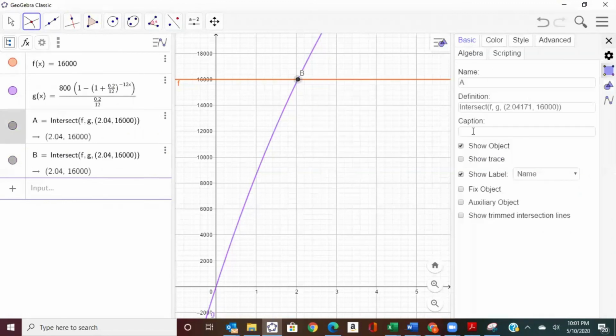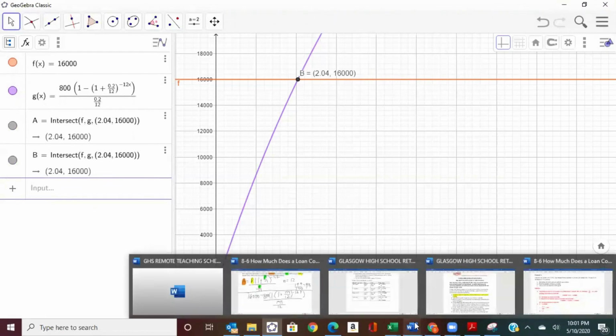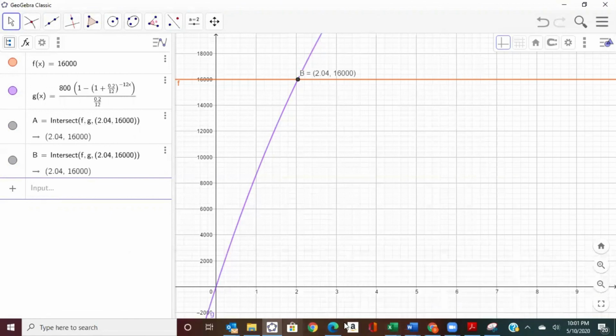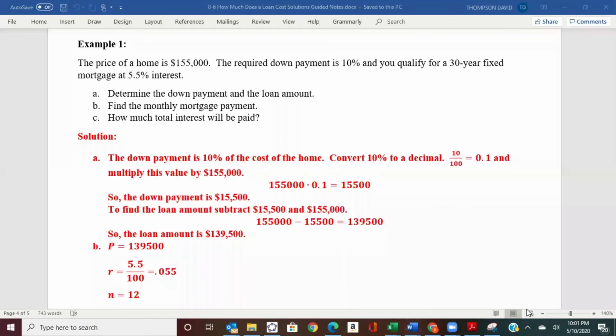So if you go to settings for point A, it takes you to the screen, and then we'll put the name and value on. So in approximately 2.04 years, we'll have it paid off if we make an $800 a month payment.